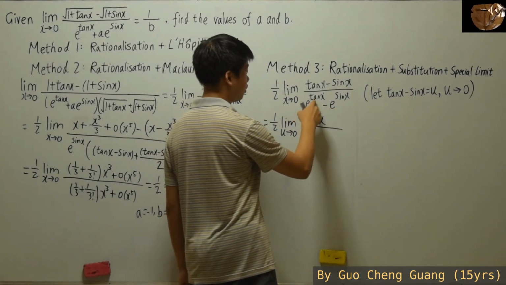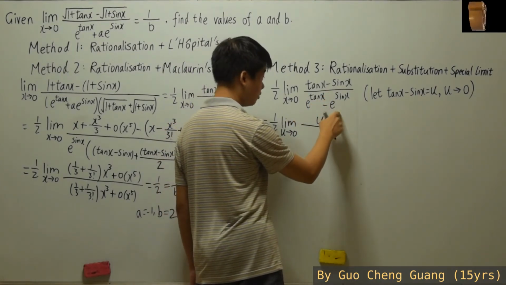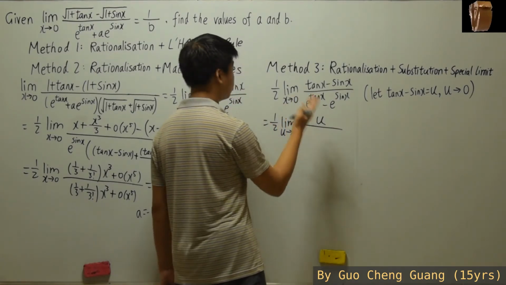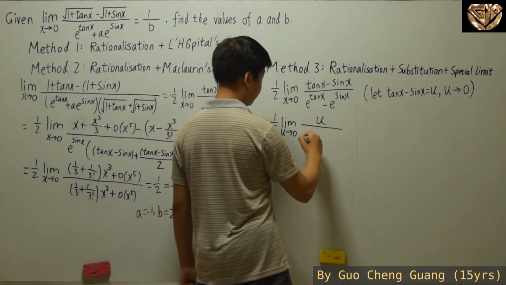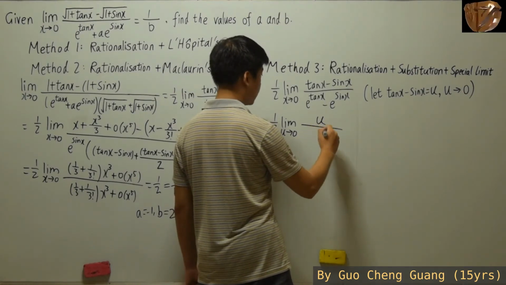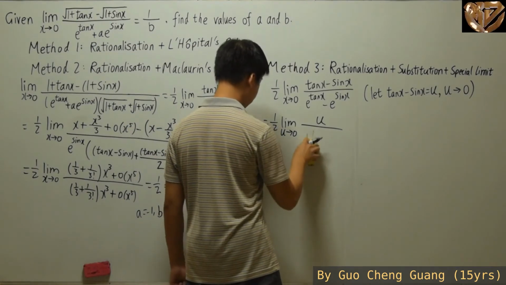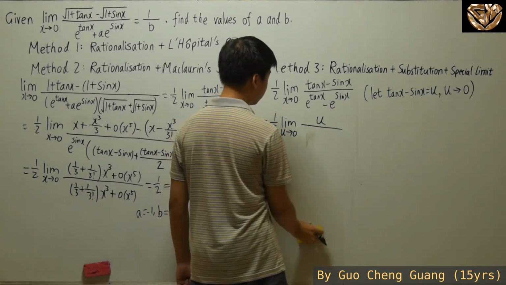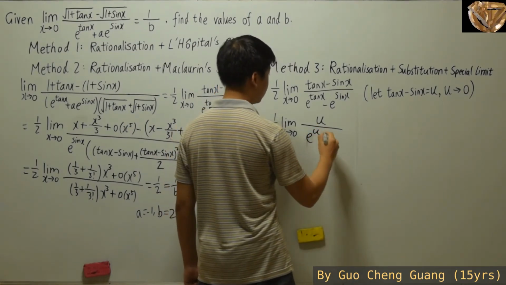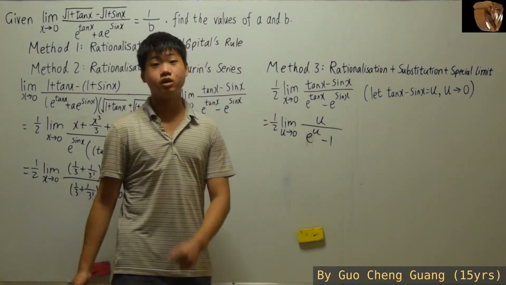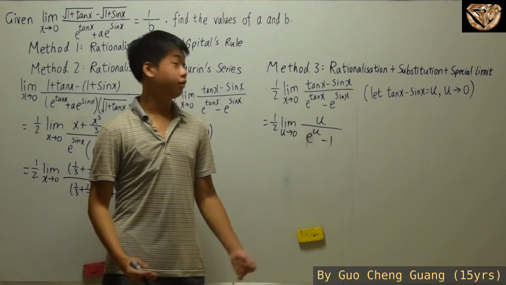Then you're going to have e to the power of tangent x minus sine x minus 1, and then e to the power of sine x, you substitute x inside to get 1. So at first, this will be e to the power of tangent x minus sine x, and now it becomes e to the power of u, then you have a minus 1. Alright? So you'll see this term here, but then how are you going to continue from here?